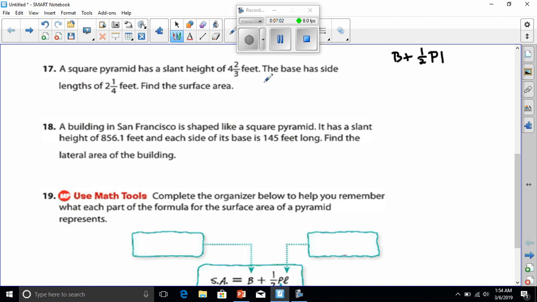If I was to draw this out as a square base pyramid, that means every one of these sides length is 2 1/4.